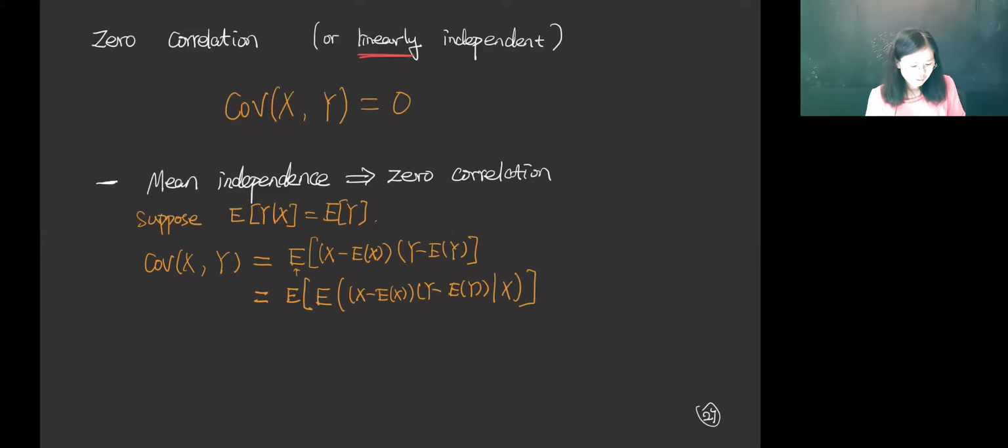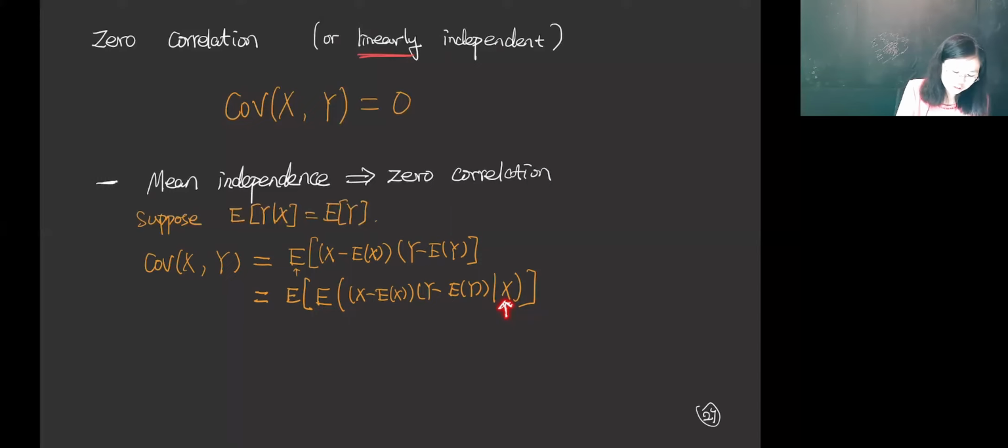Okay. Now we have done that. Let's look at the conditional expectation given x inside this square bracket. Remember, we have argued that given x, conditional on x, any function of x will be deterministic.